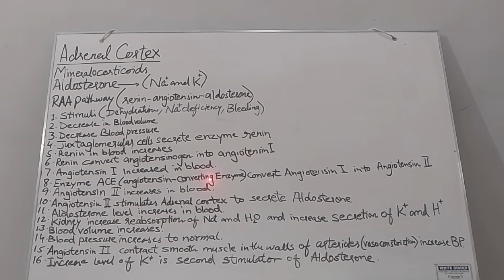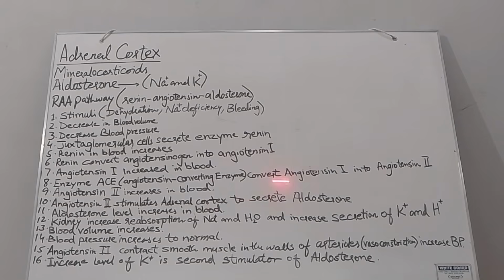Then in the circulation, now that angiotensin 1 is increased, in the lungs there is the enzyme ACE: A for angiotensin, C for converting, and E for enzyme. This ACE enzyme, which is present in the lungs, will convert angiotensin 1 into angiotensin 2.